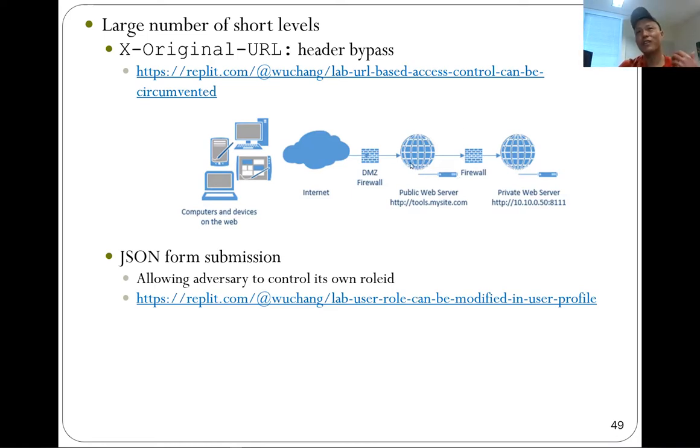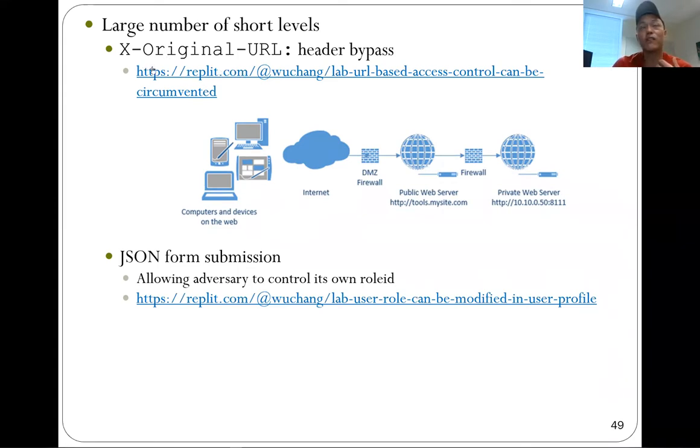The problem with validation based on just URL access is that the X original URL header can be faked if you're using just this to do the access control. And that's the idea of this particular level.